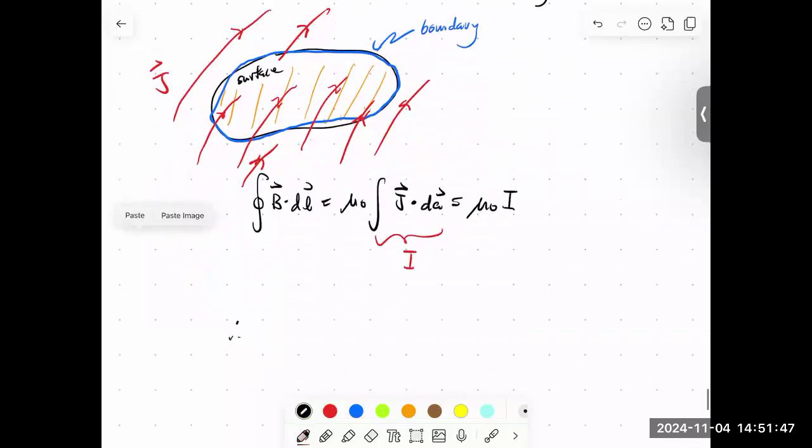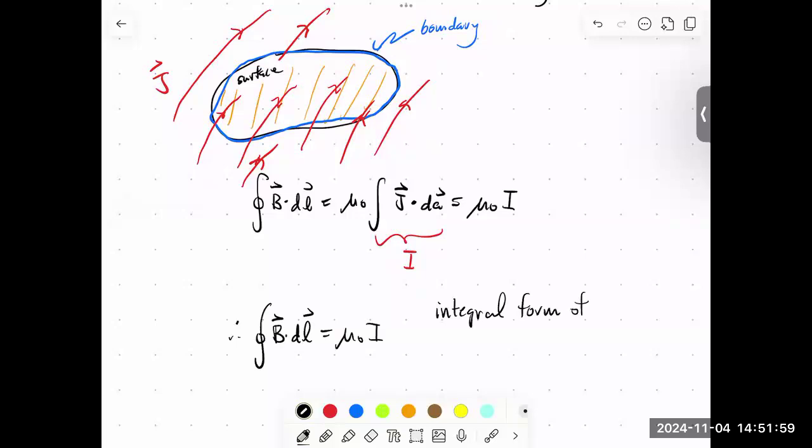And so therefore, what we have is the integral of B dot dl equals mu naught I, which is the integral form of Ampere's law. And to make it seem more similar to Gauss's law, you would usually say this is I enclosed.